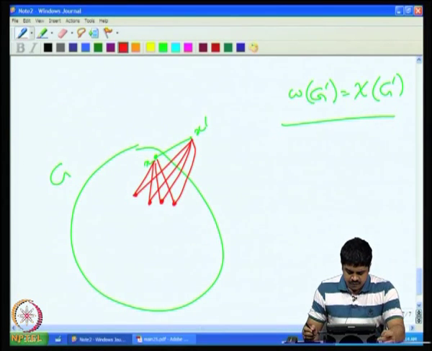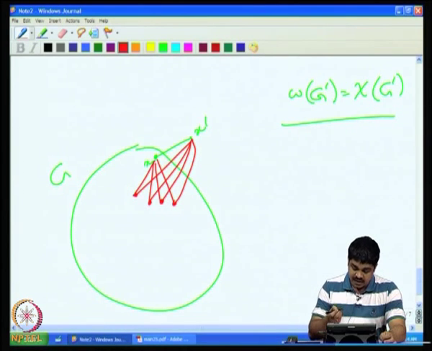Now, the first point is, when you expand it, is it possible that the omega increased?